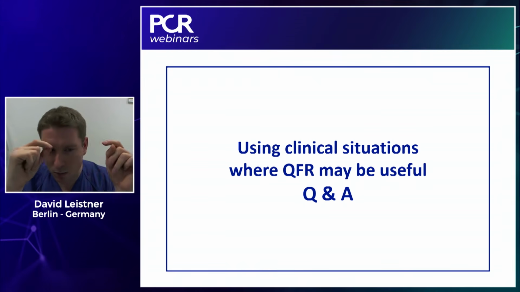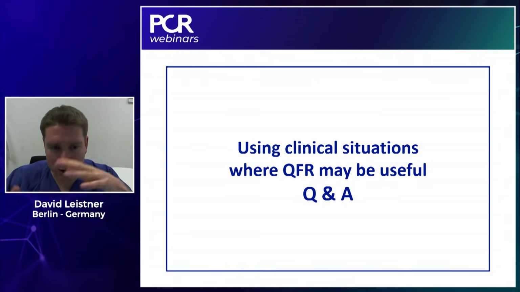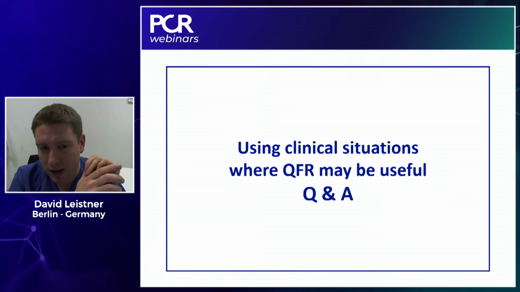I think this is more important than having values for specificity and sensitivity. It's more important to have accuracy, and you have it with the FFR at about 90 or 91%, with the resting index a bit lower, but also with 80%, quite a high value.